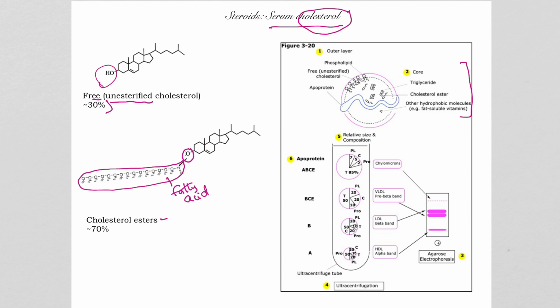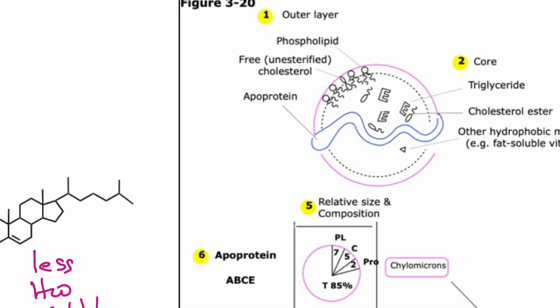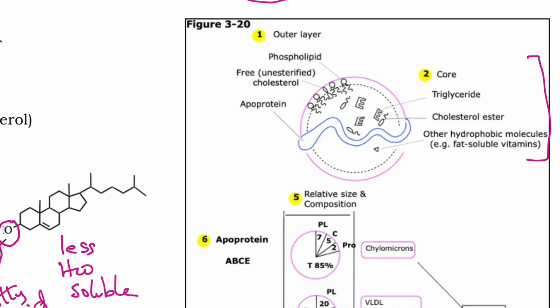So clearly the ester is much less water soluble because of its fatty acid. Free cholesterol is slightly more water soluble because of a hydroxyl group. In a lipoprotein, the unesterified, free cholesterol tends to be found more on the surface because of that hydroxyl group.